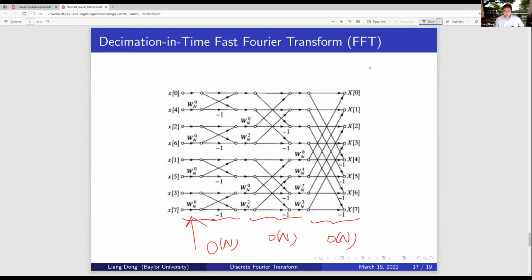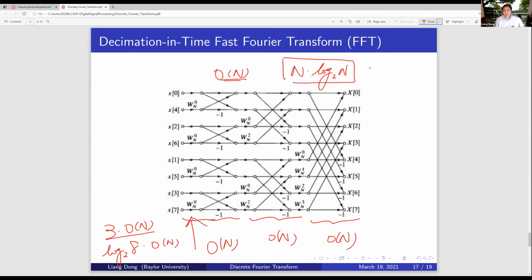I have 8 signals. Adding all these together, I have 3 times the complexity of that. Where does this 3 come from? Well, that's log base 2 of N, where N is 8, times O(N). So the complexity, we just write it as N times log base 2 of N. That is the complexity of the FFT.